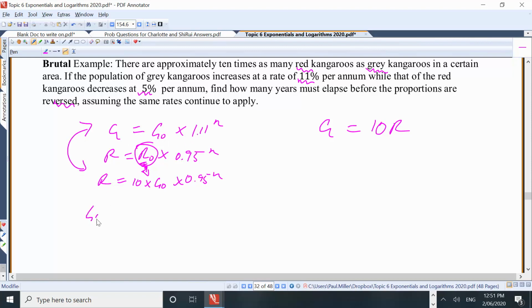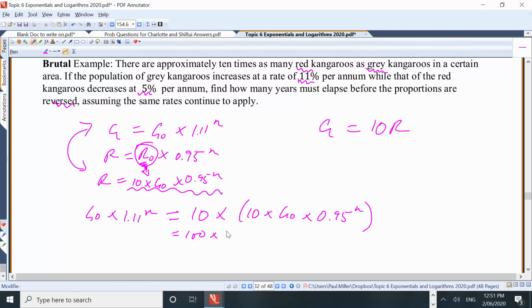So I've got G0 times 1.11 to the power of n is the same as 10 lots of this equation here. 10 lots of 10 times G0 times 0.95 to the n. All right, so that will be 100 times G0 times 0.95 to the n is G0 times 1.11 to the n.